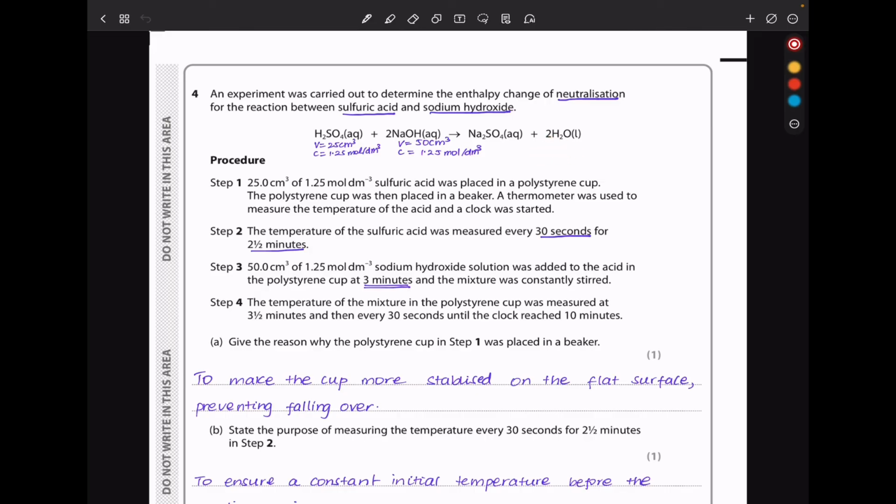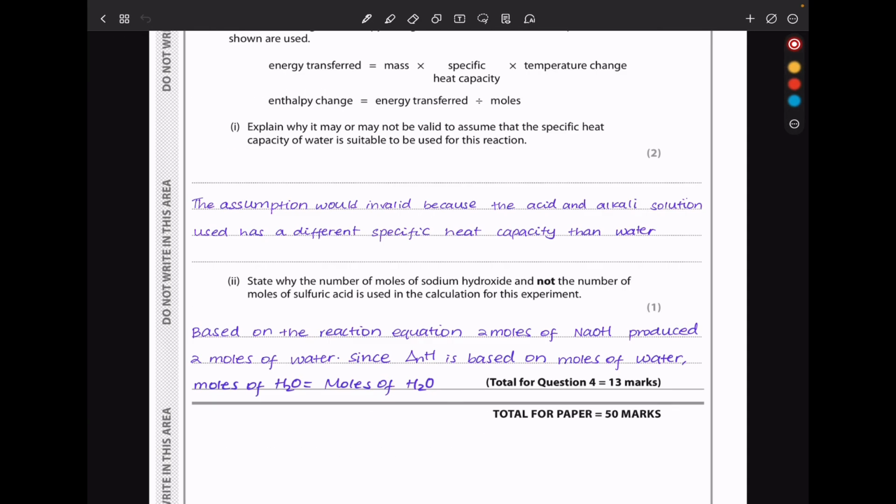So the ratio should be 1 to 1. And so the moles of sodium hydroxide are going to be used because the moles of sulfuric acid are not going to be representative. So I said based on the reaction equation, 2 moles of sodium hydroxide produce 2 moles of water. Since the enthalpy change is based on moles of water, moles of water are equal to the moles of sodium hydroxide. So this brings us to the end of question 4 as well as to the end of the whole paper.